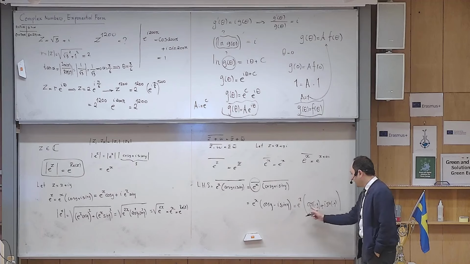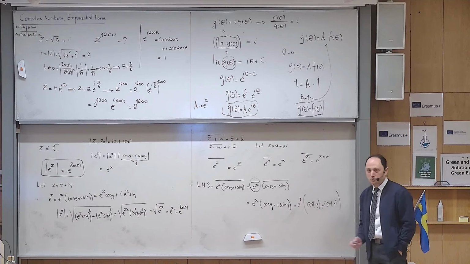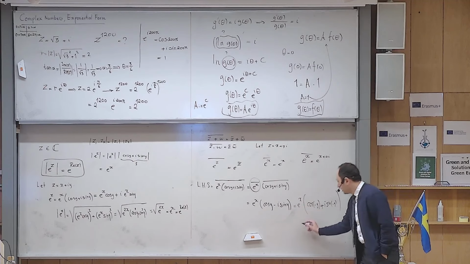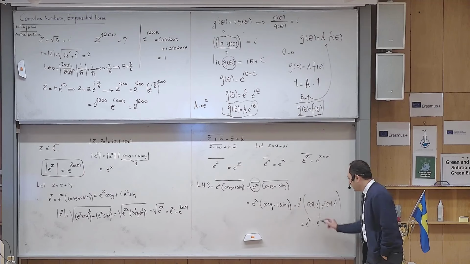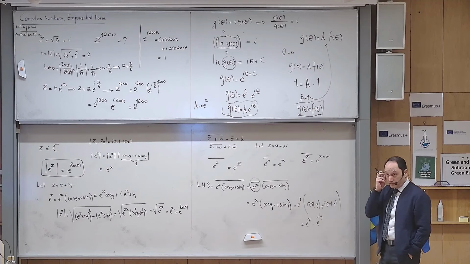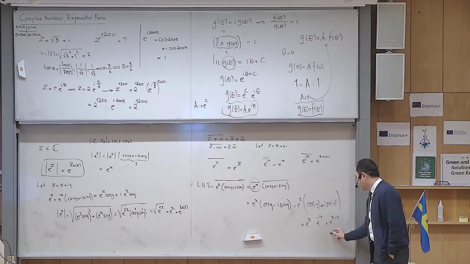So that is exactly the right combination for the De Moivre formula, but minus y is playing the role of theta. So this becomes e to power x, e to the power of i theta, but theta is minus y, so it becomes this. And this becomes e to the power of x minus iy. But what is this? This is z bar.